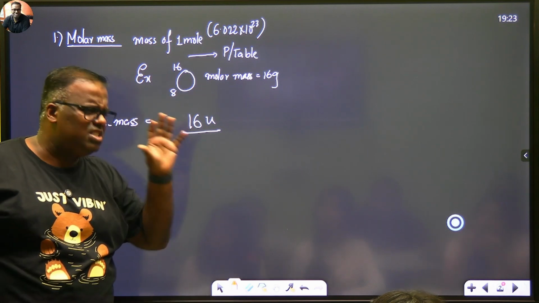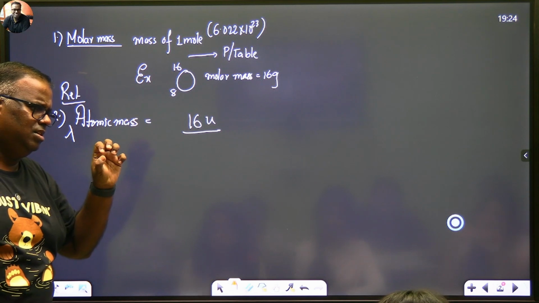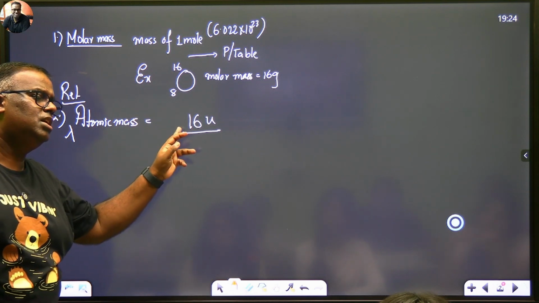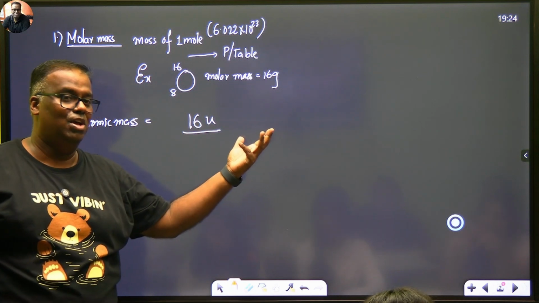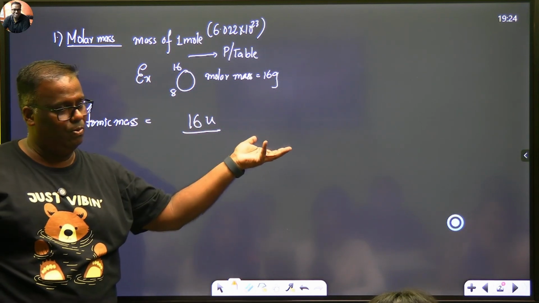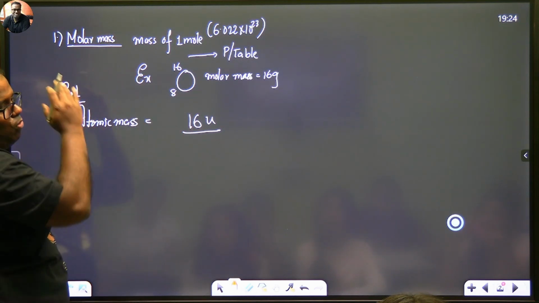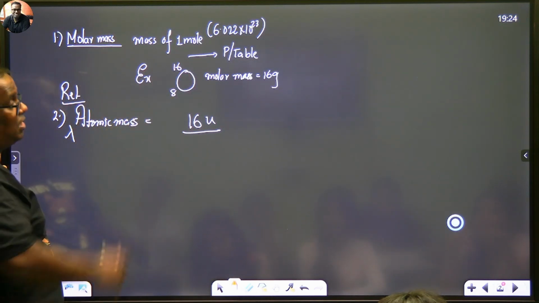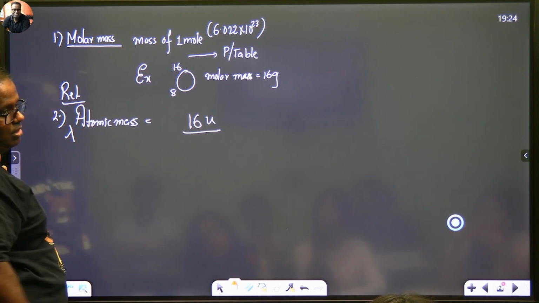Atomic mass unit is a very small unit, very, very less. It is 16 times as heavy as 1/12 the mass of carbon 12, where carbon 12 itself is 12U. But in the realistic world, the better way is to go by molar mass. Molar mass means 16 grams. But in that case, it is not 1 atom, it is 1 mole.